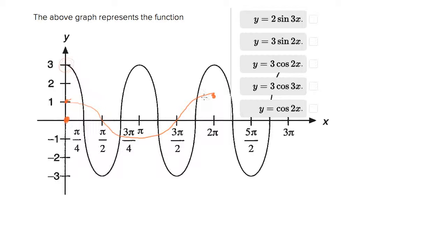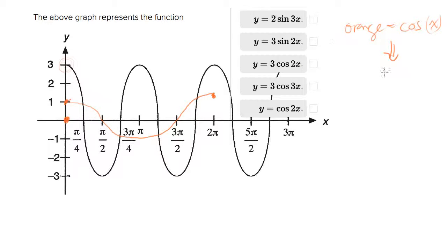Now what we want to do is make sure that this, the orange one that I just drew, is cosine of x. Now first of all, we want it to be 3 times as big because we want the peak to not be at 1, but to be at 3. So let's do the following.